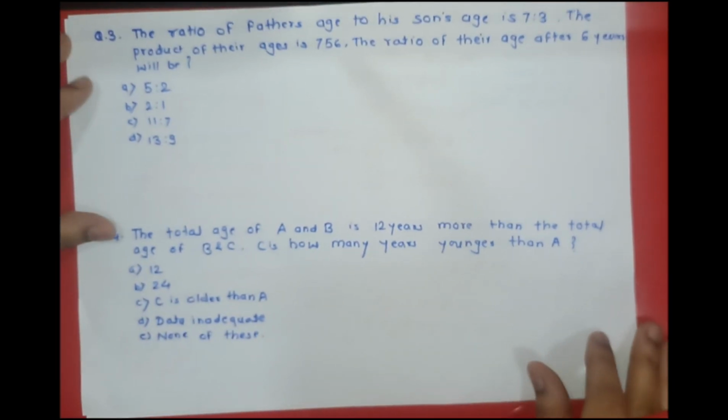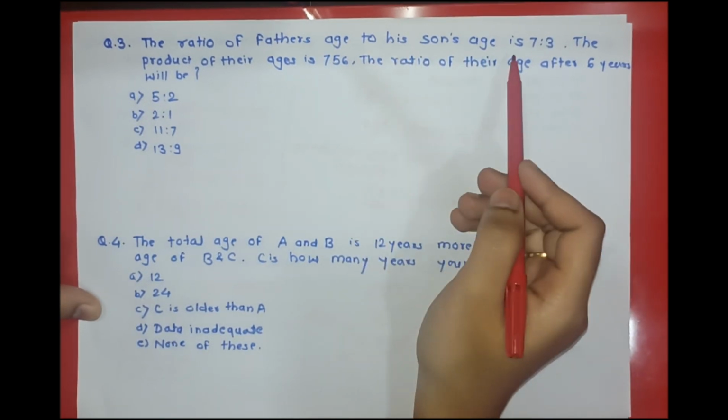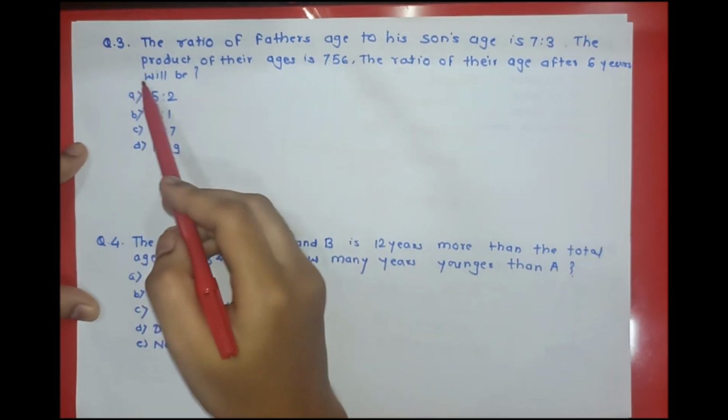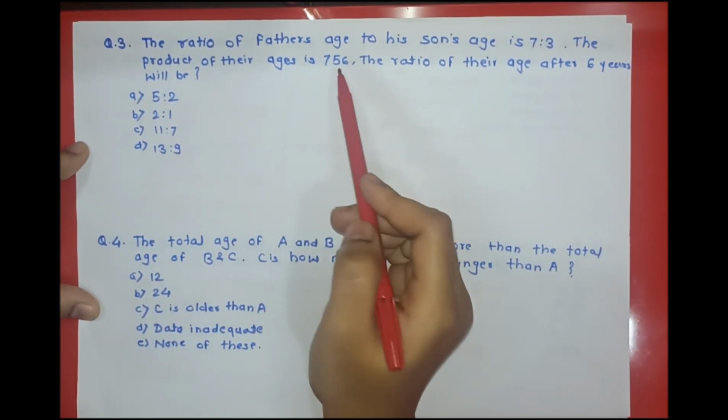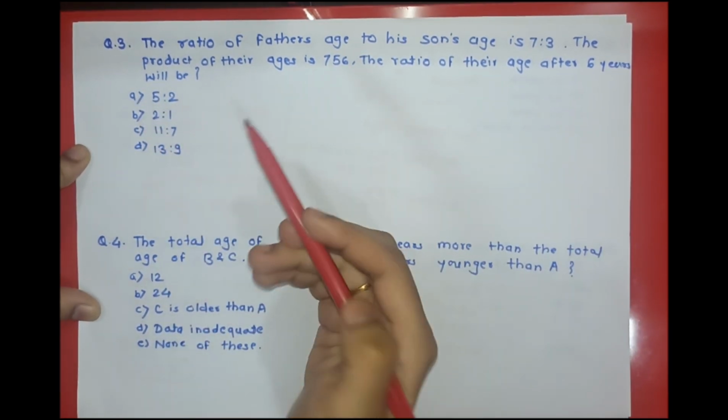Let's see the next question. The ratio of father's age to his son's age is 7:3. The product of their ages is 756. The ratio of their age after 6 years will be.